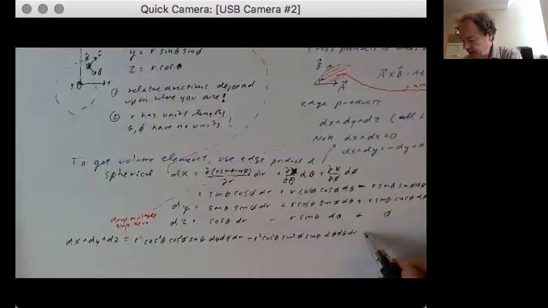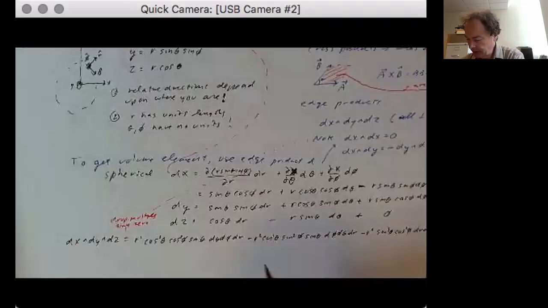And then I'm going to add to that a minus r squared sine cubed theta cosine squared phi dr d phi d theta. And then I've got one more term here, plus r squared sine cubed theta sine squared phi d phi dr d theta.